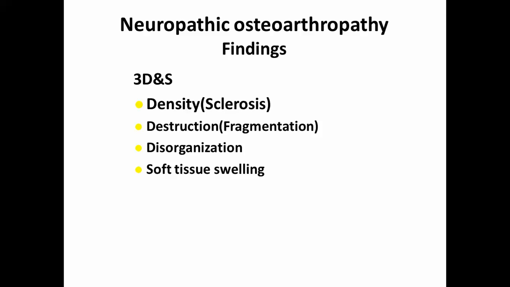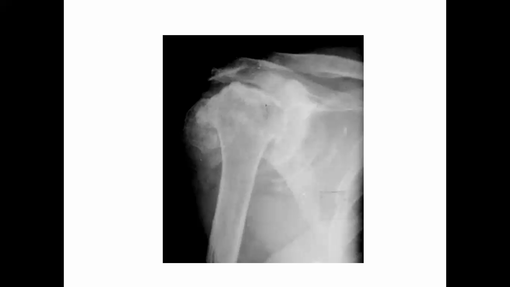Density, destruction, and disorganization or deformity plus soft tissue swelling. Sclerosis, destruction, and disorganization or deformity plus periarticular soft tissue swelling. If you remember these four, it will be nice.